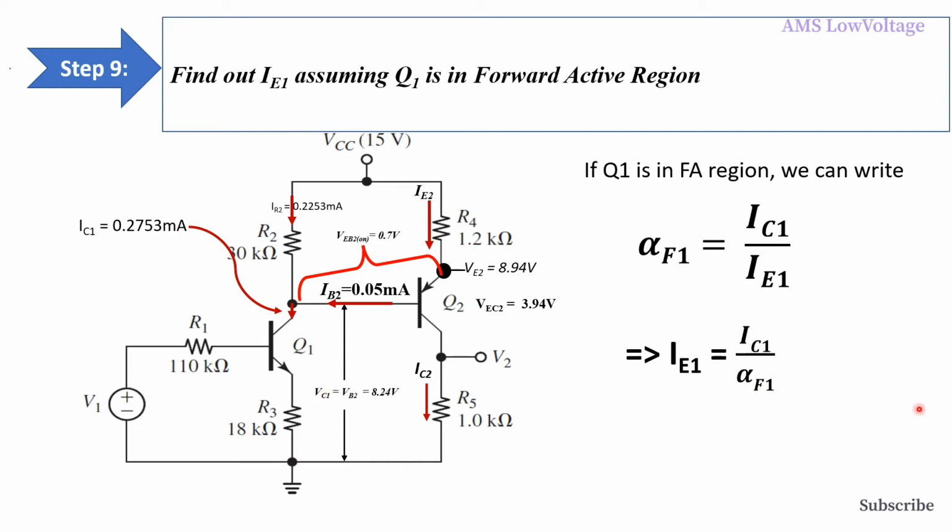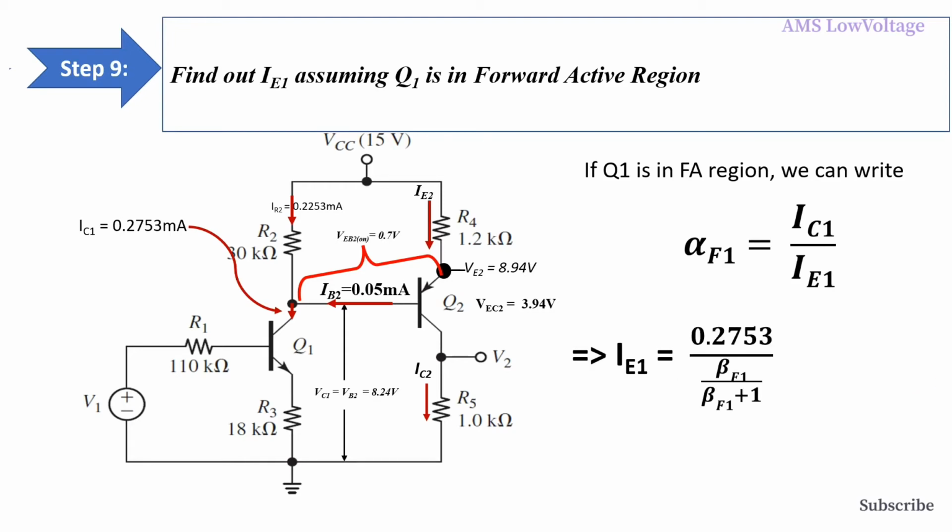So just put this value now, and we know from the condition of this example that beta equals 100, so we put this value beta equal to 100 and calculate.